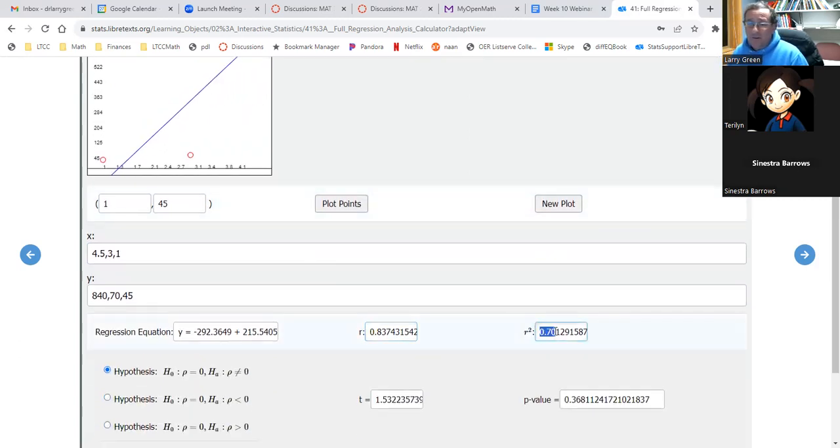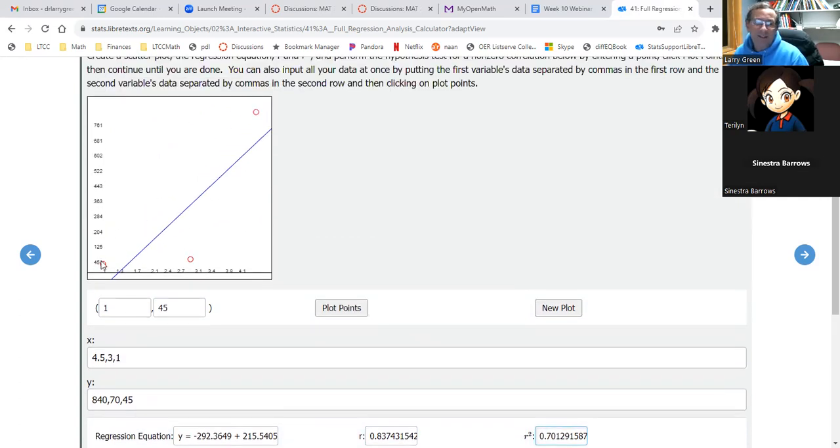Then there's R squared, which I'll talk about in a little bit, but R squared kind of tells you how good a fit the data is. And if you look at the amount of exercising, it's all over the place, from 45 to 840. That's a huge spread of exercising values.